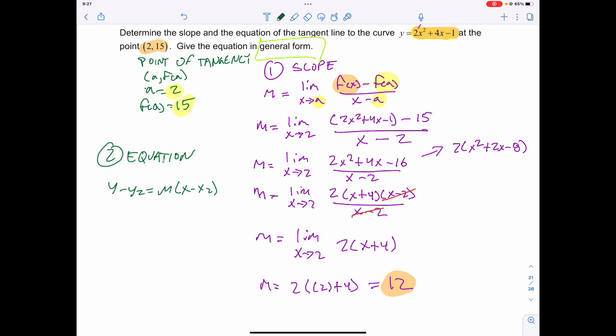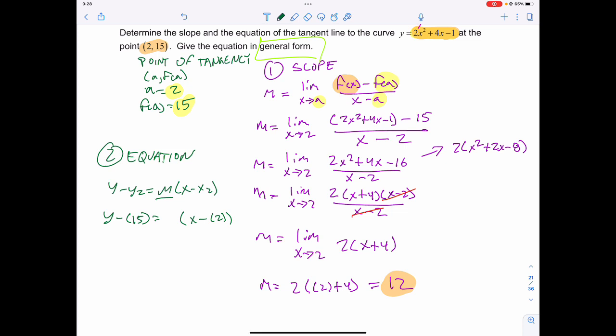And we know that y1 and x1, however you wrote it in your formula, is going to be the point of tangency, 2 and 15.